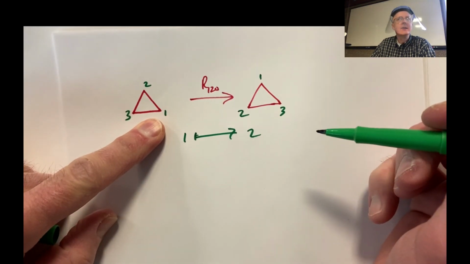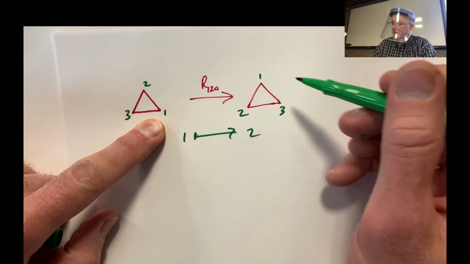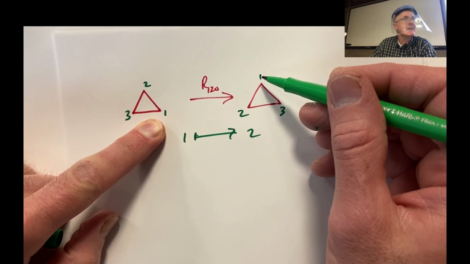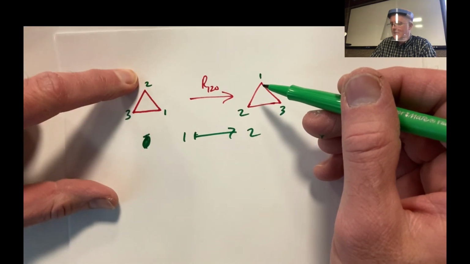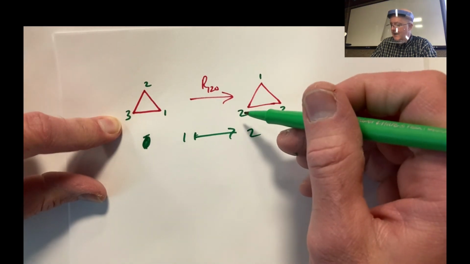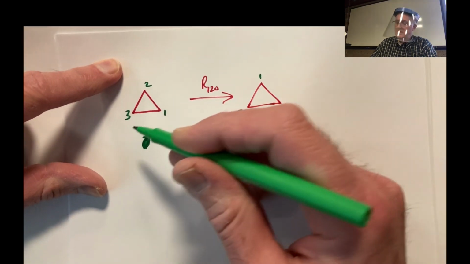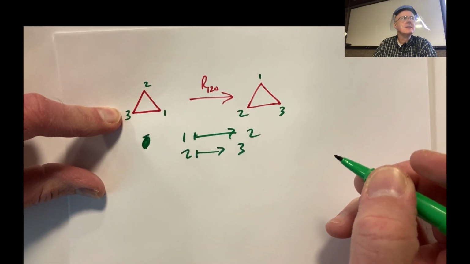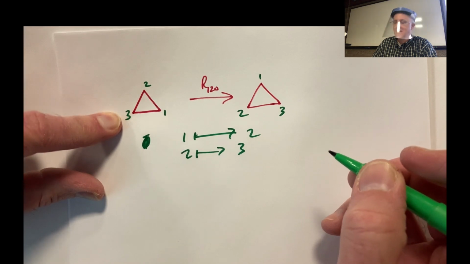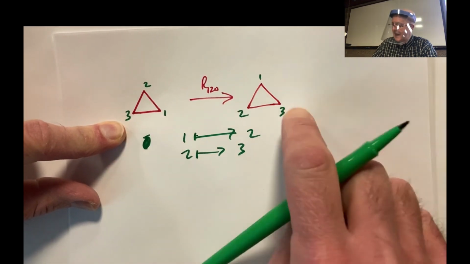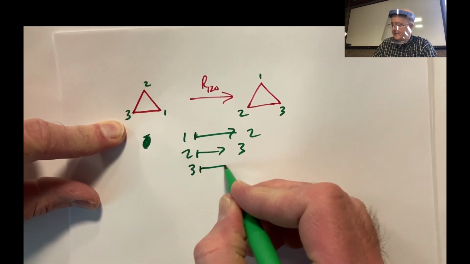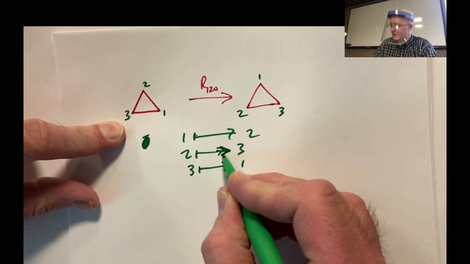The 1 here in the lower right corner gets mapped to the location up here in the top that 2 was originally in. That's why 1 gets mapped to 2. 2 gets rotated down to here, the spot the 3 was in to begin with. 2, in effect, gets mapped to 3. And 3 over here gets mapped to the lower right corner where 1 was originally. So you think of that as 3 getting mapped to 1. It gets mapped to the spot that 1 was in originally.